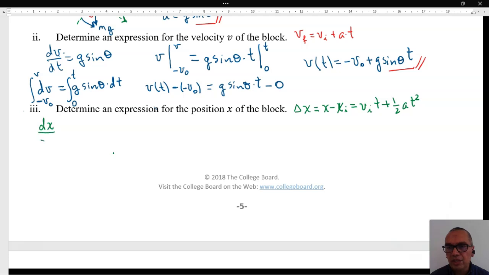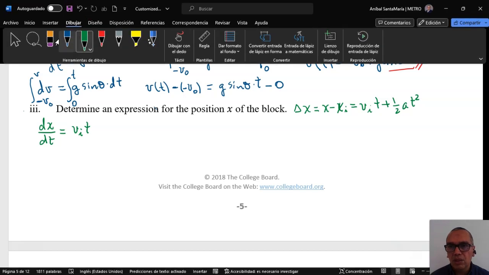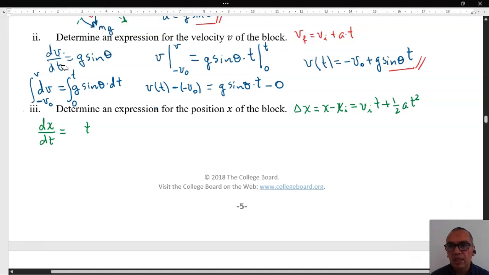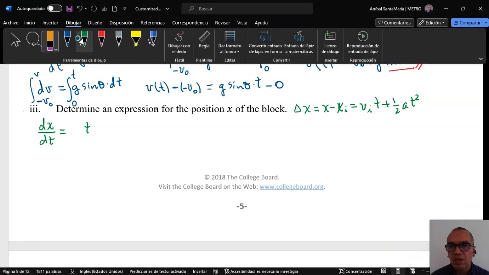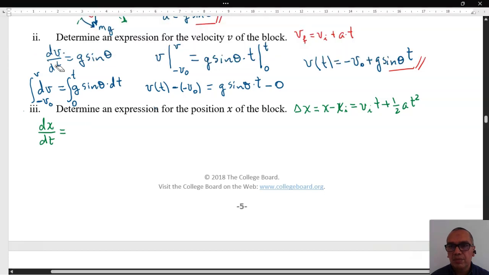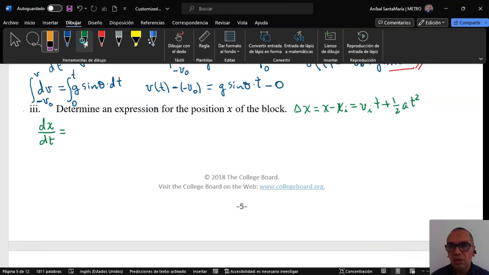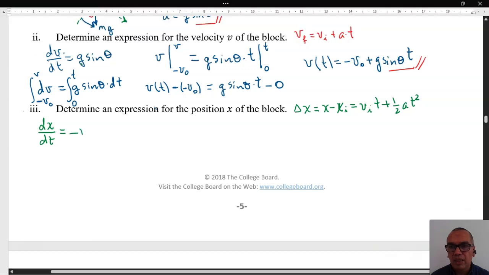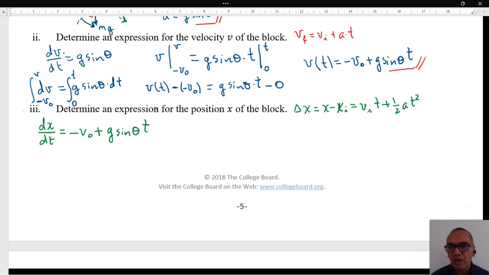So dx dt is equal to velocity. Initial velocity actually has a known value, which is negative v naught. And also, this is given by negative v naught plus g sine of theta times t.